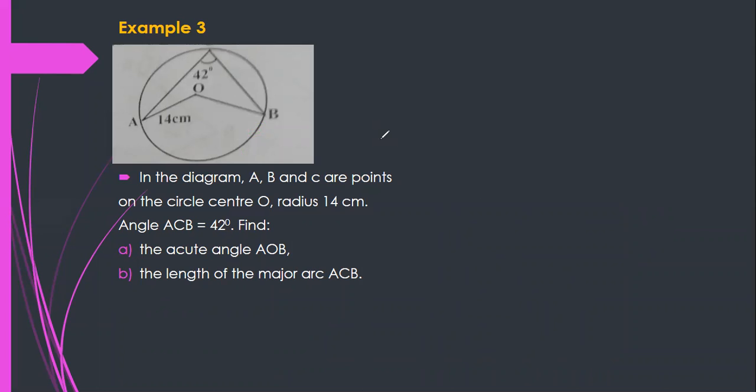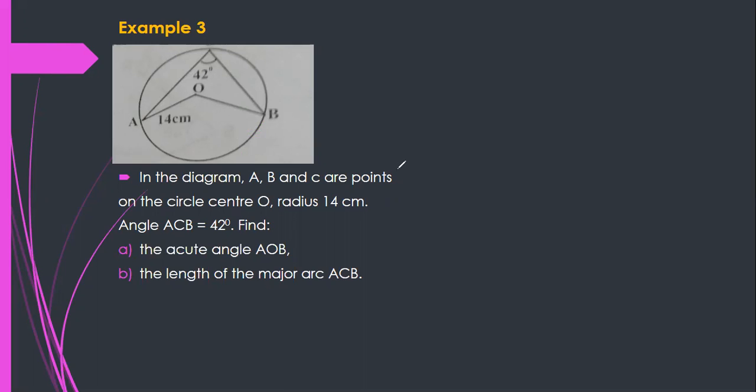Angle ACB is given as 42 degrees. Find the acute angle AOB, and then, second, the length of the major arc ACB.